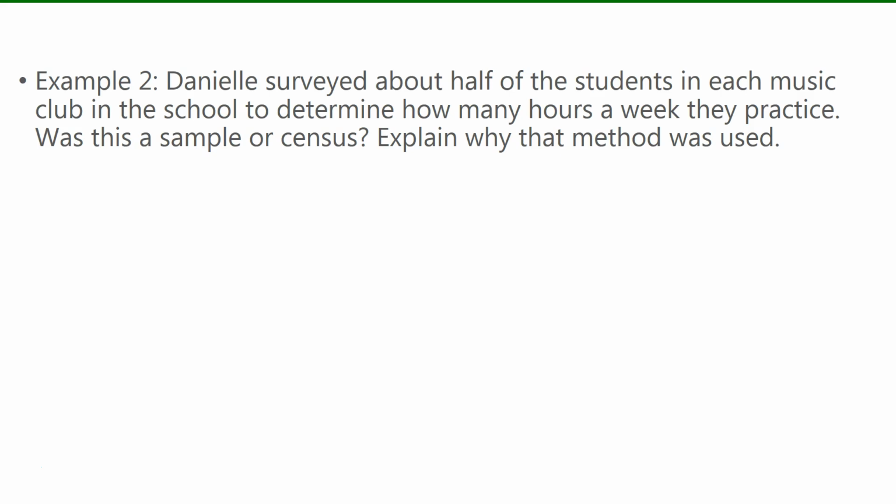All right, for example 2, it says Danielle surveyed about half of the students in each music club in the school to determine how many hours a week they practice. Now, was this a sample or census? And again, explain why that method was used. Now, Danielle surveyed half of her students. She didn't survey everyone, so that means she conducted a sample.